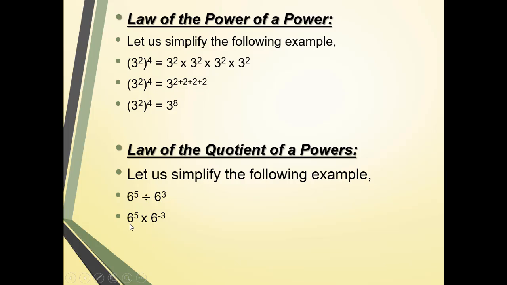Number 2, both the bases are the same and there is a multiplication case, so we need to collect these powers over 6, so it will become 6 to the power of 5 minus 3, which is equal to 6 square. So remember these two things: whenever the values are multiplying and the bases are the same, powers should be added, and in division, powers should be subtracted in case of the same bases.